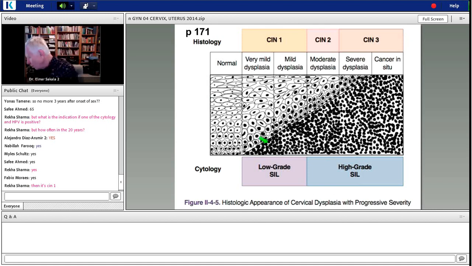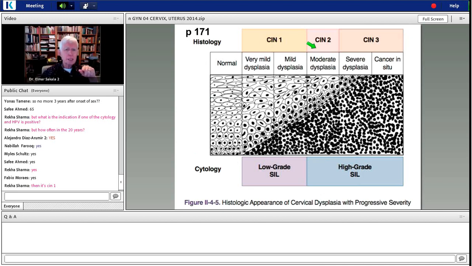Now, this is in your book, and on the page the cytology is either low-grade SIL or high-grade SIL.